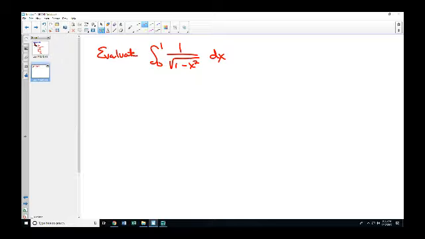One over 0 is not okay. So where's the issue? At 1. There's an infinite discontinuity at x equals 1, right? Plug 1 in, you get 1 over 0. So this is an infinite discontinuity.